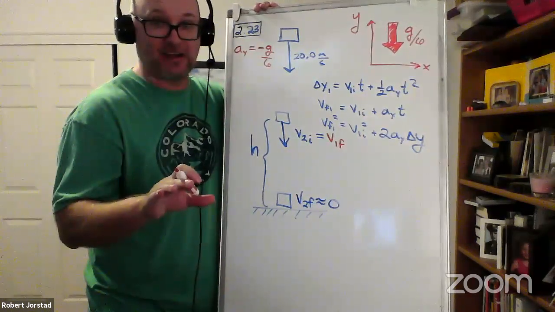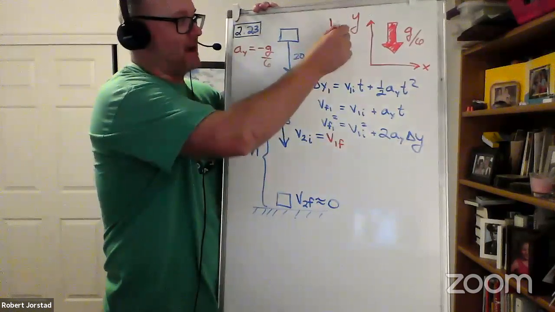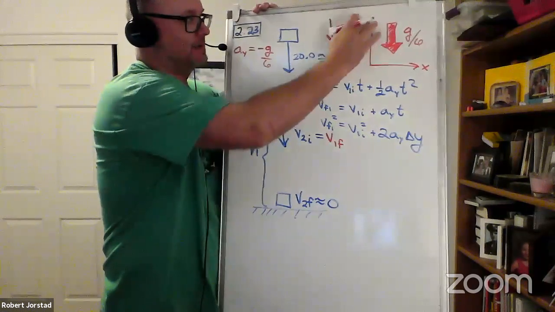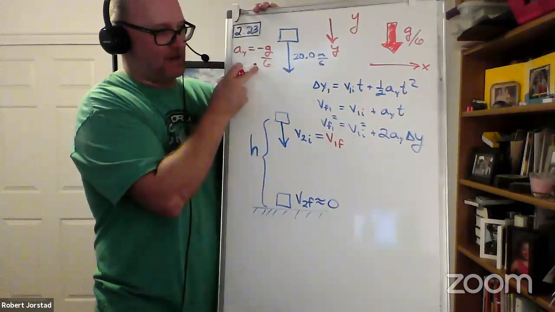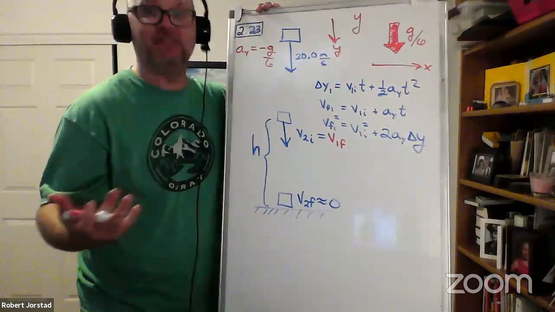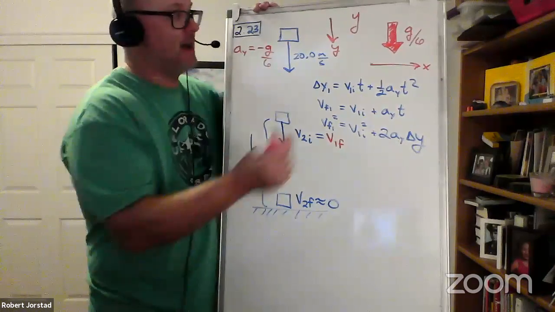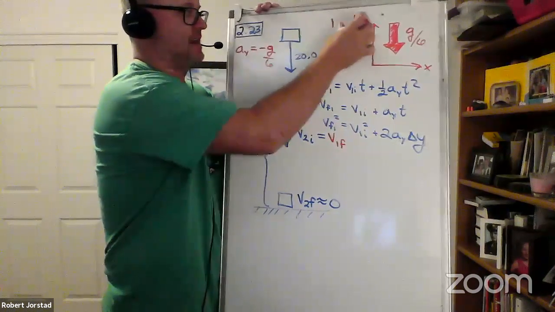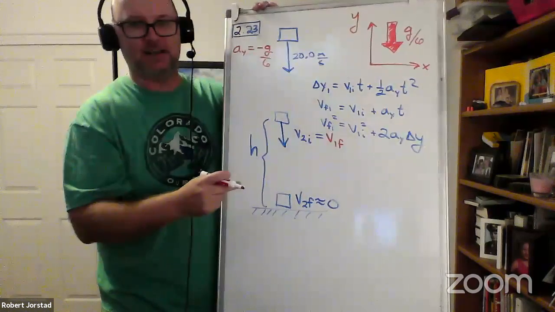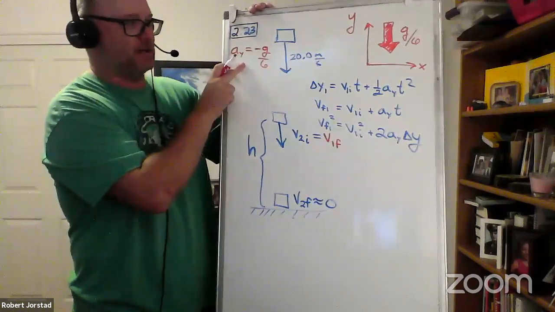Think about this. If I called this way positive y, then delta y would be positive, everything would be positive. But since most of us don't think like that, I decided to write it in the standard way. Most of you think of it like this, and then you're like, okay, acceleration should be negative.